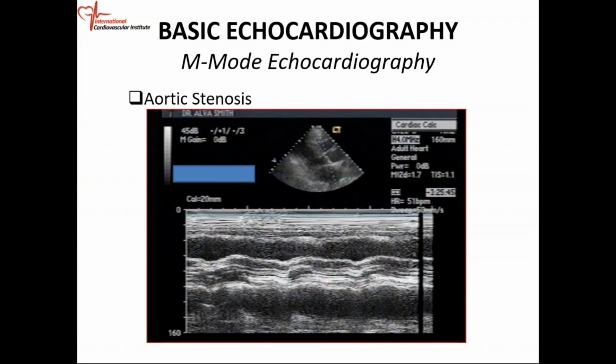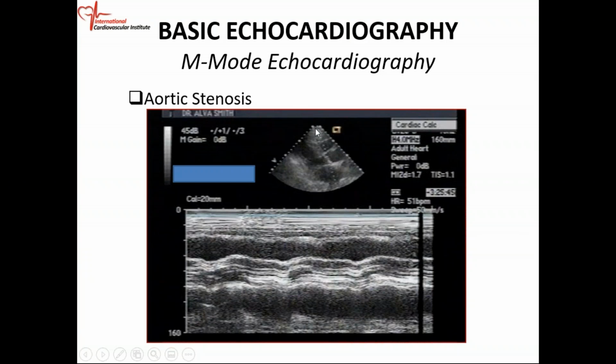So one of the things that you're going to see is aortic stenosis. If you see the M mode of aortic stenosis, you should be able to pick that out relatively quickly. Again, your transducer is right there.